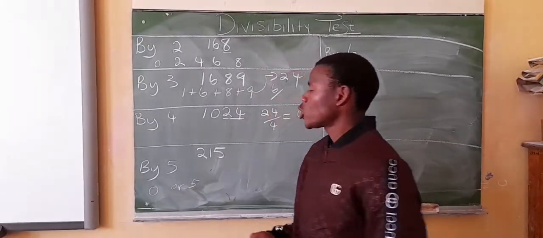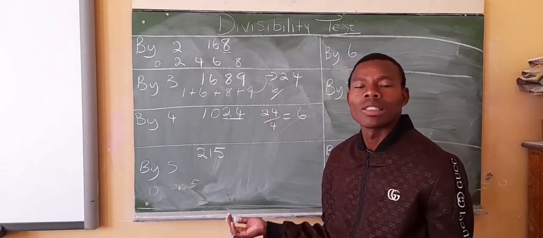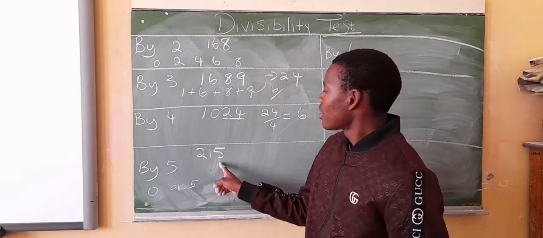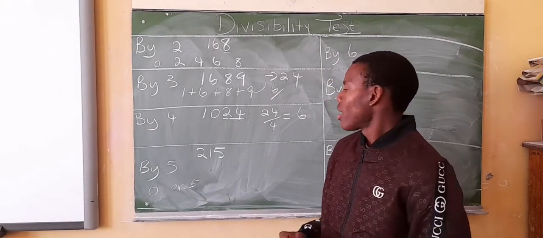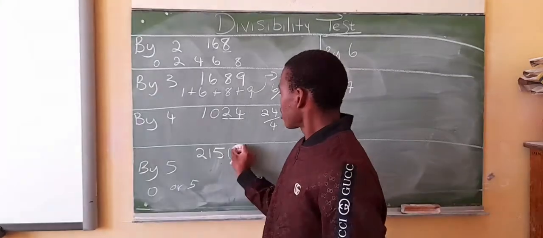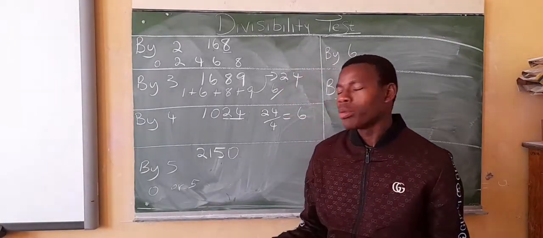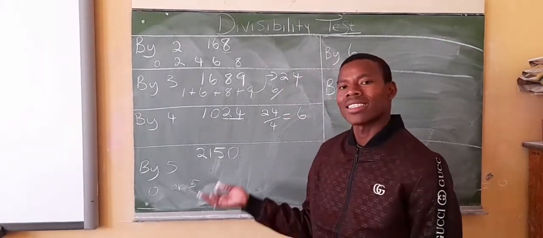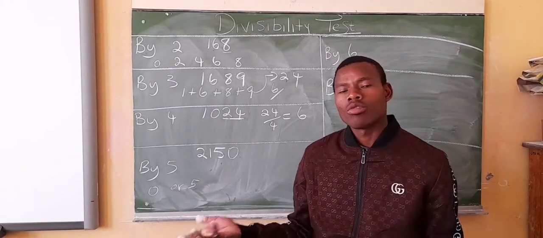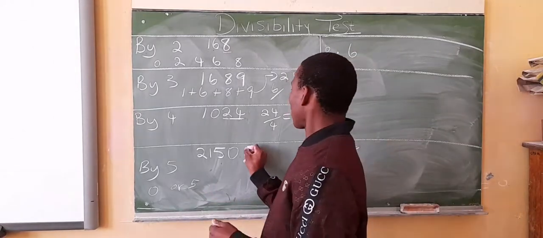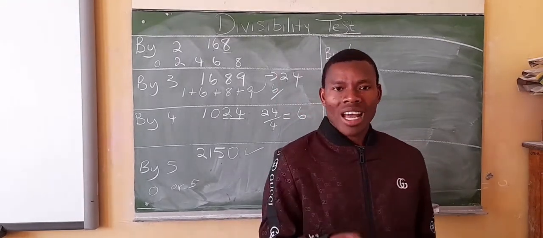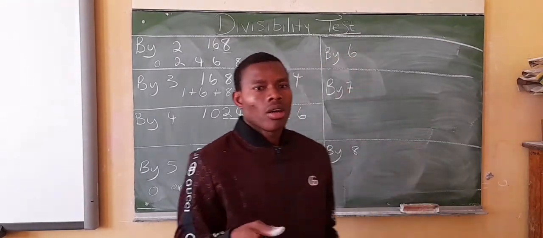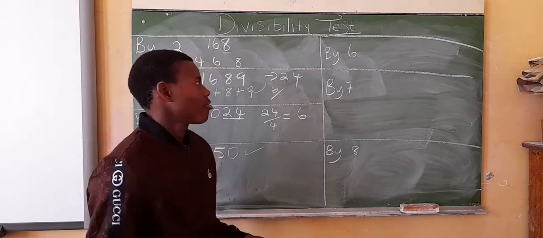For example, 250 is divisible by 5 because the last digit is 0. And if we add another 0, it will still be divisible by 5 because the last digit is 0. So a number is divisible by 5 only if the last digit is 0 or 5.